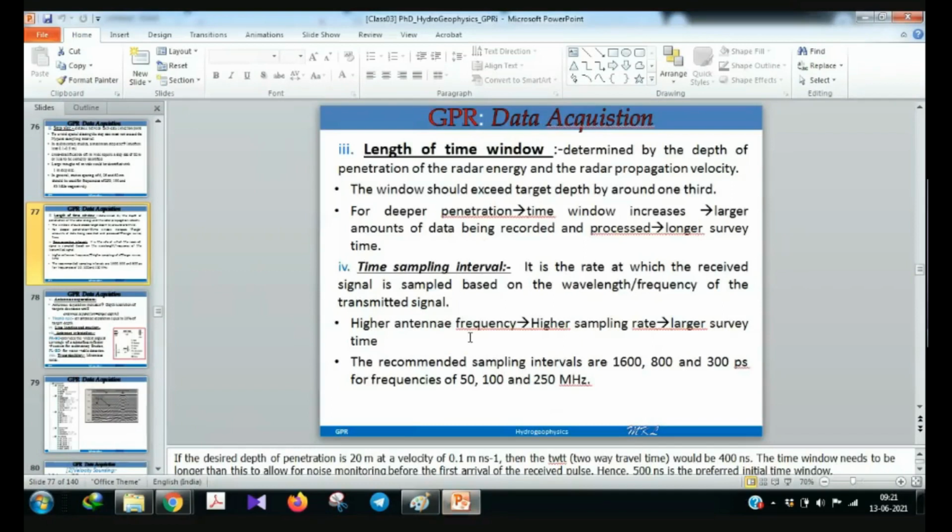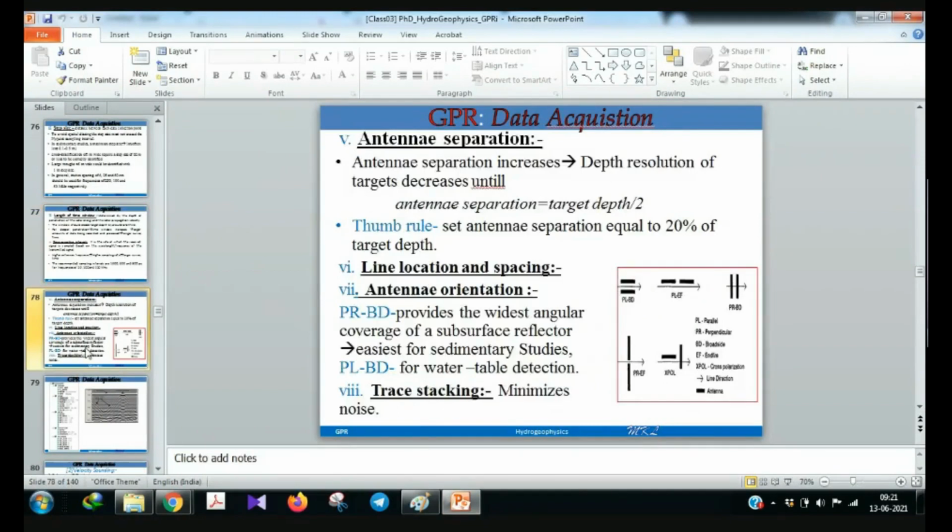Then the time sampling interval, similar to the station interval, is there. Read it. Antenna separation: what should it be? For 80 megahertz, you keep the antenna separation at 1 meter. For 40 megahertz, you keep it at 2 meters. And generally, if you are doing sounding, you go for the target depth divided by 2.